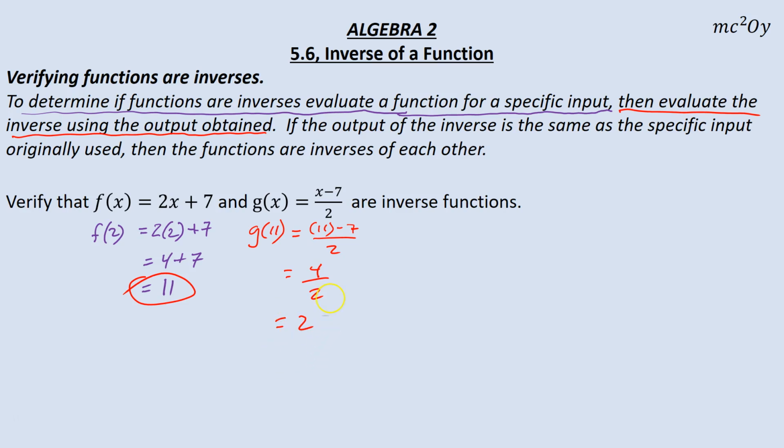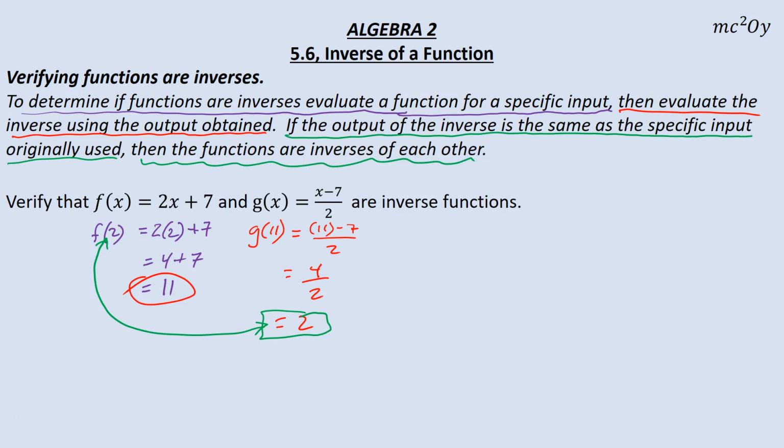If the output of the inverse is the same as the specific input originally used, which it is, then the functions are inverses. f and g are inverses.